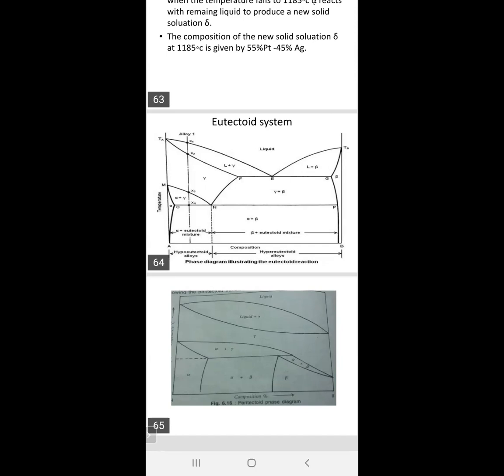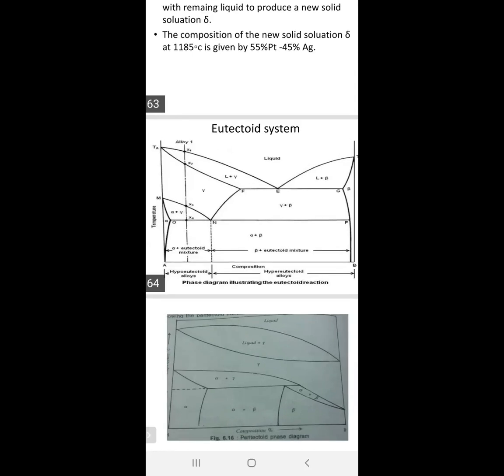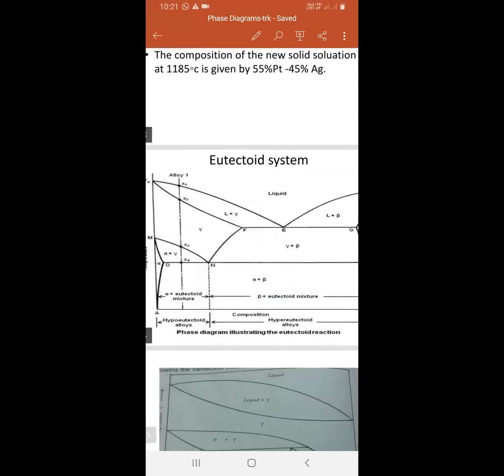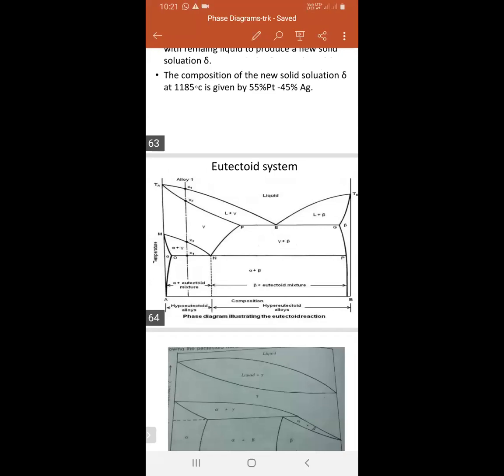First of all, I hope you are seeing this eutectoid phase system diagram. Which point? Can you identify the exact transformation point? Point T.